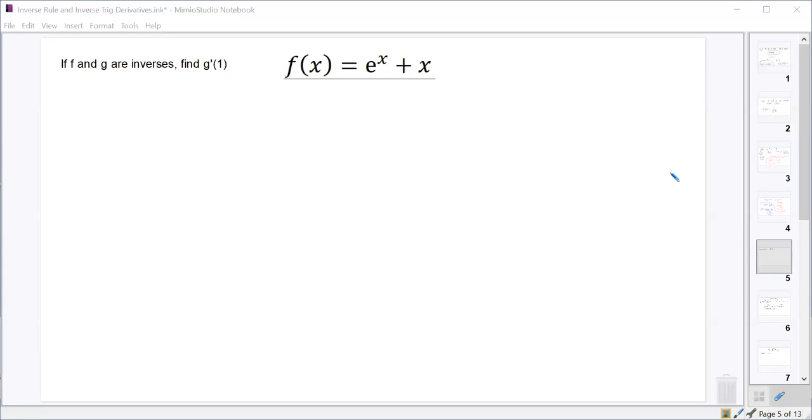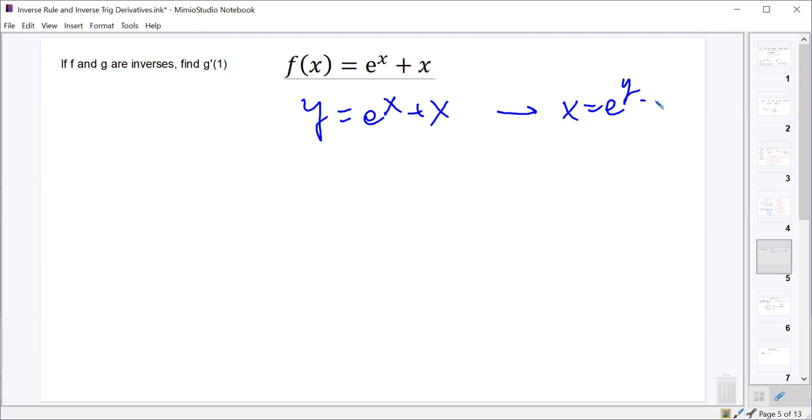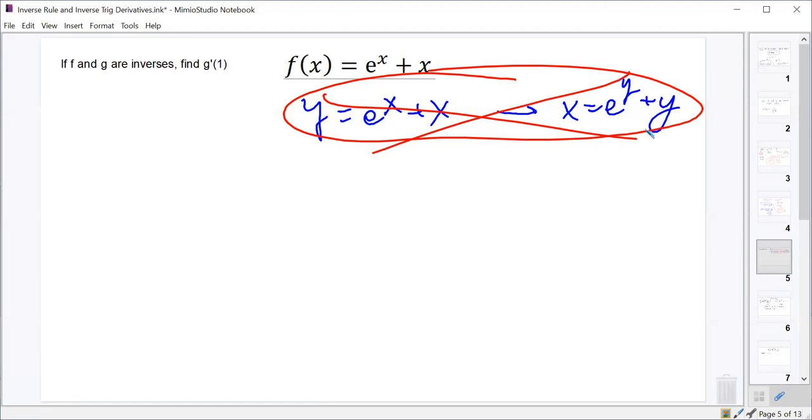We do what we did before, with the actual rule, right? Because if I were to write this as y equals e to the x plus x, and then turn that into x equals e to the y plus y, solving that for y is going to be a problem. You guys would agree with that? That's going to be an issue. So we don't want to do this.